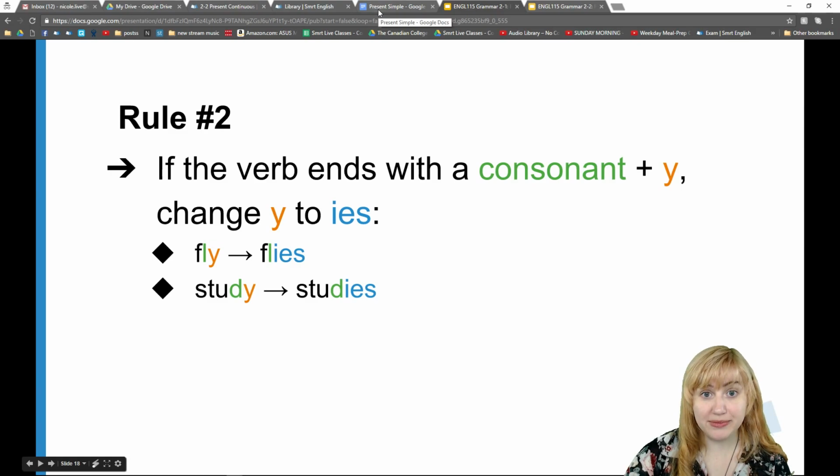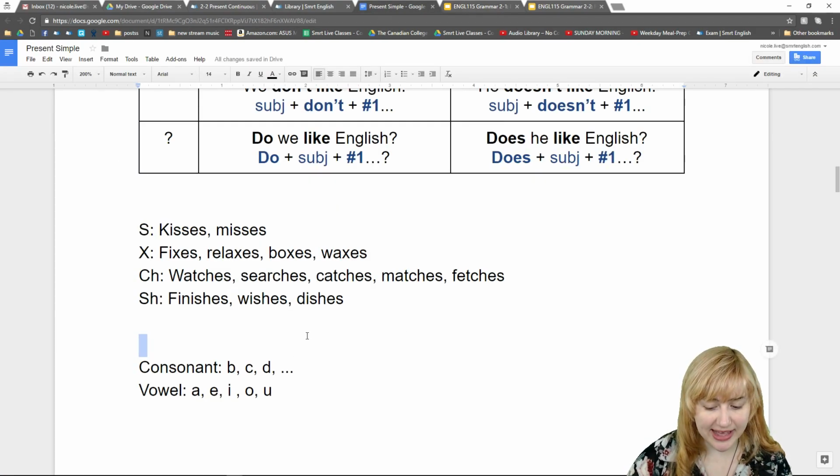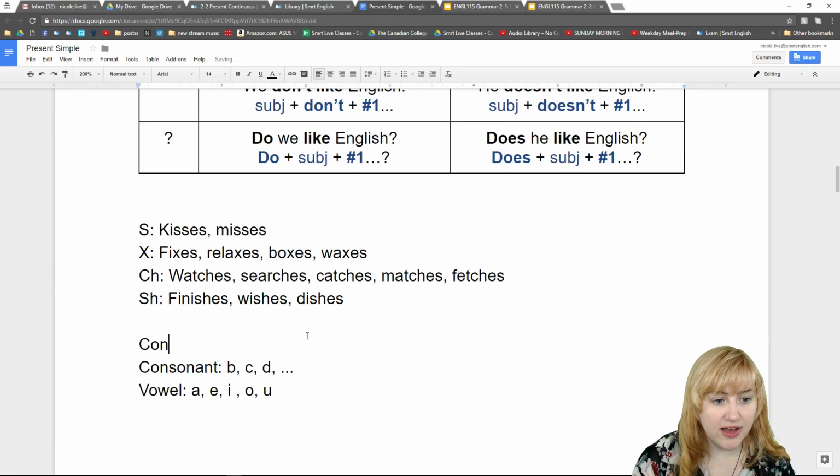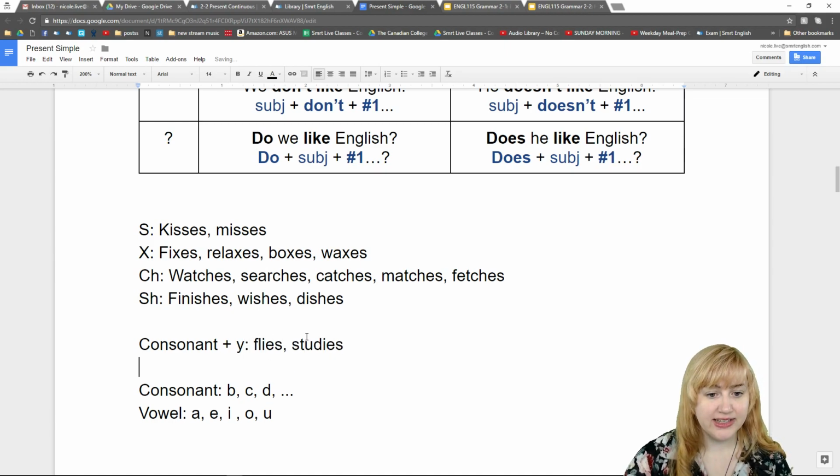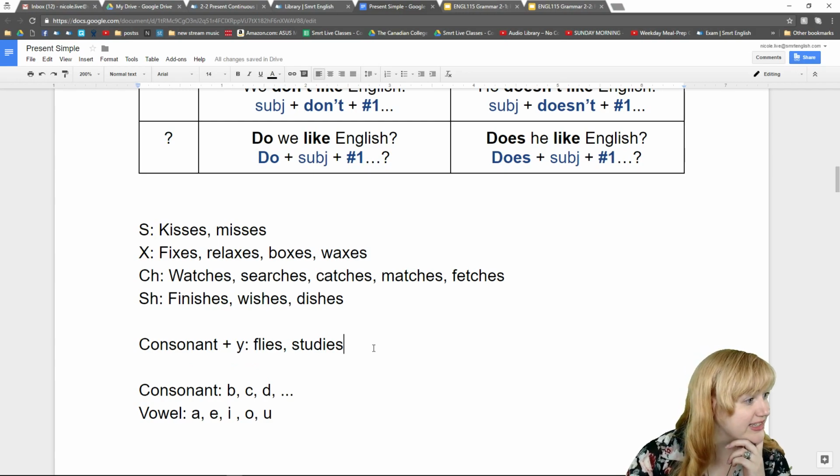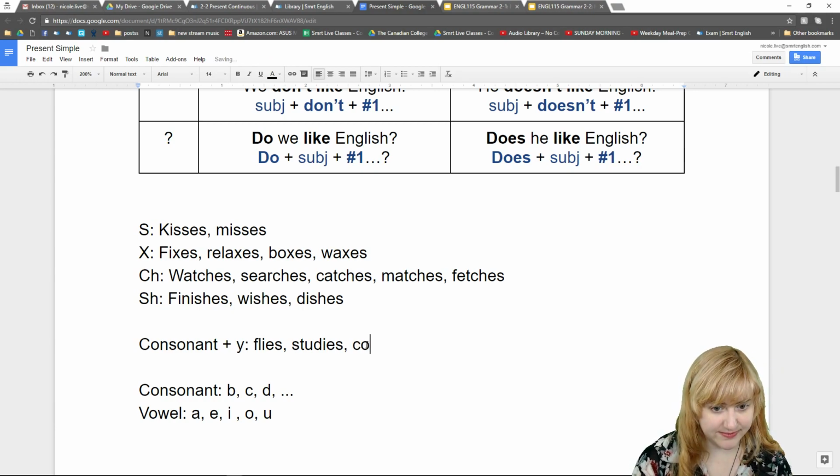So let's put a few examples here. So we have consonant plus Y, and some of our examples are flies and studies. Let's see, does anybody have more examples in the chat? We have copies, good.